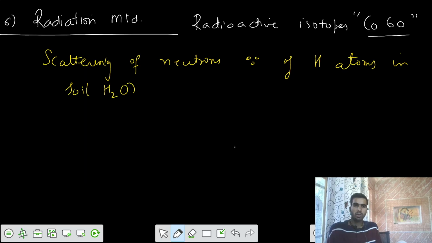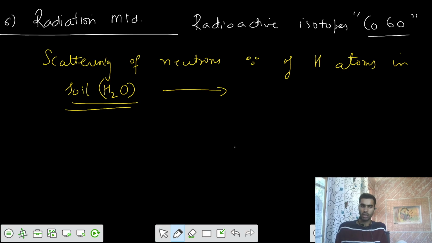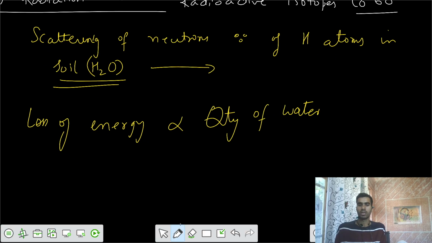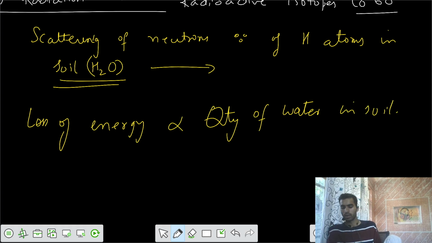The water present in the soil has hydrogen atoms. Because of those, there is scattering of neutrons and some loss of energy. And that loss of energy because of scattering is proportional to the water content, the quantity of water present in the soil. Then from that we can get the water content. Okay, this is your radiation method.